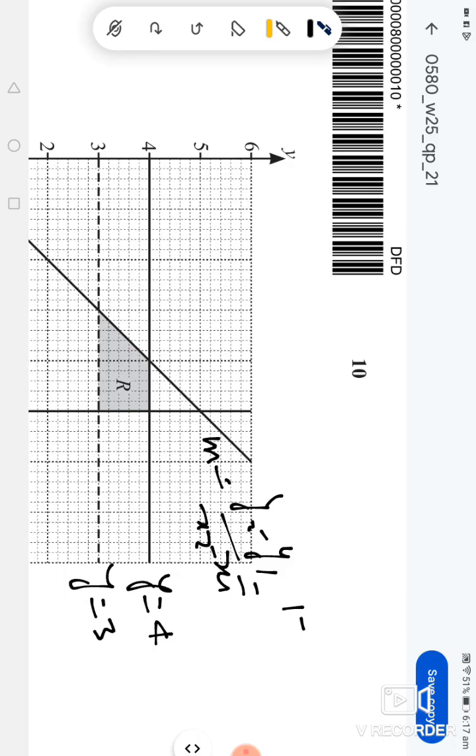So 1 minus 0 by 0.5 minus 0 equal 2. So this is y equal 2x.